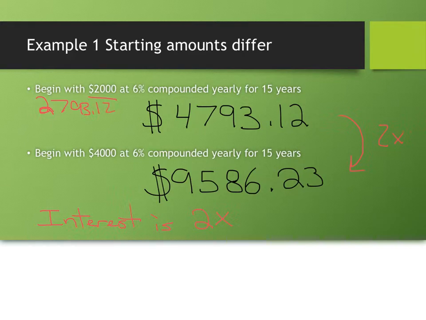That's the amount of interest. And the amount of interest in the second one is $5,586.23. So not only did the amounts double, but the interest is actually doubling. And remember, the interest is how it's growing. It's growing by interest.